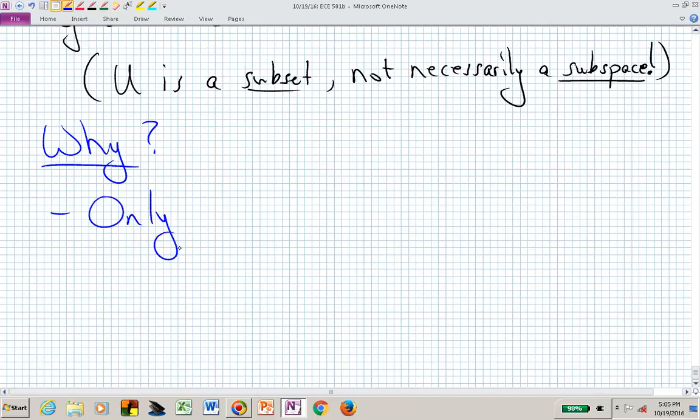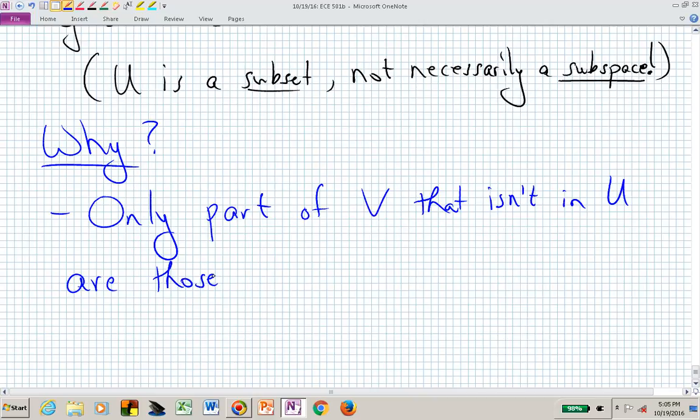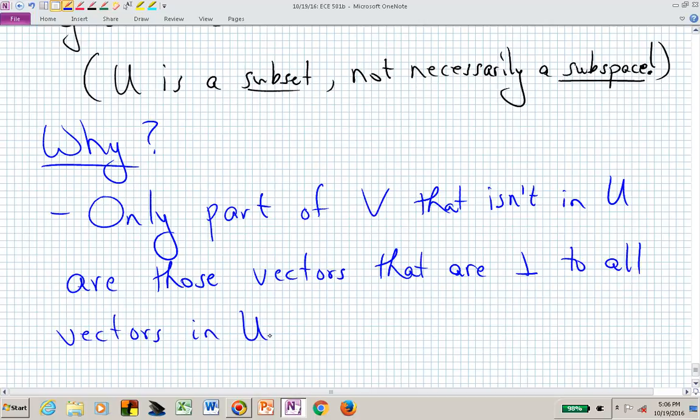First, this is a little bit wordy, so you may have to go home and read this a few times. But the only part of V that isn't in our subset U are those vectors that are perpendicular to all vectors in the subset.